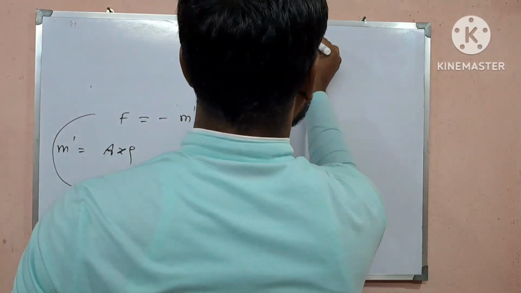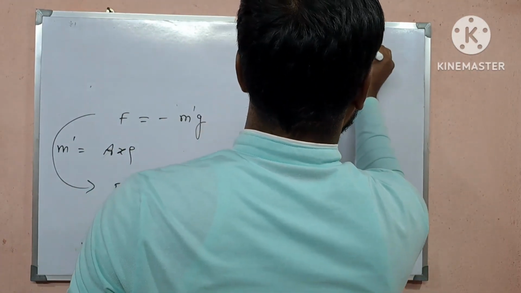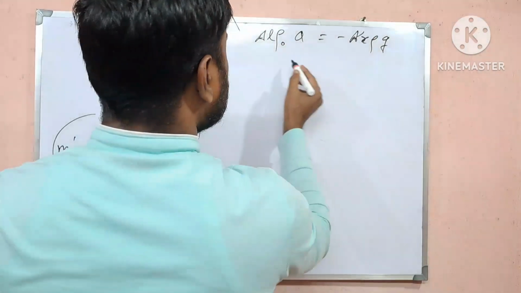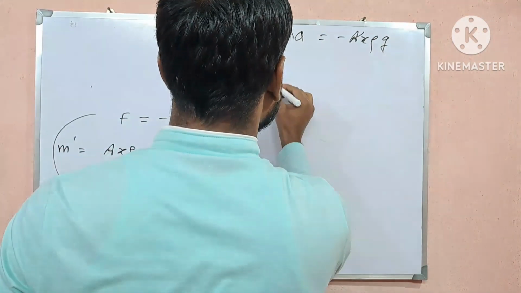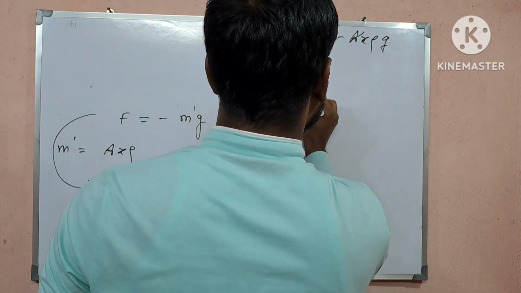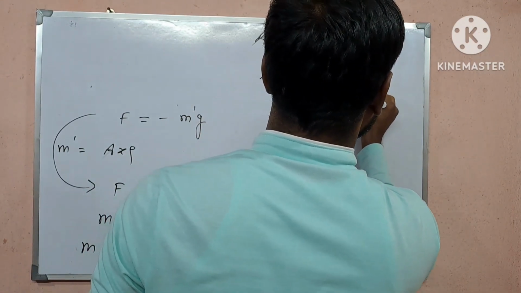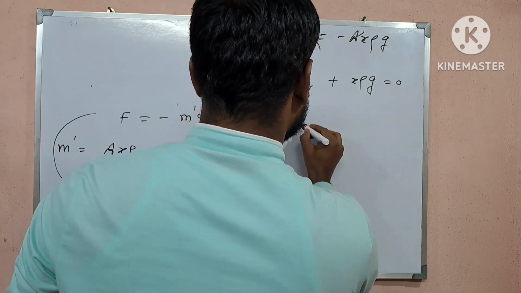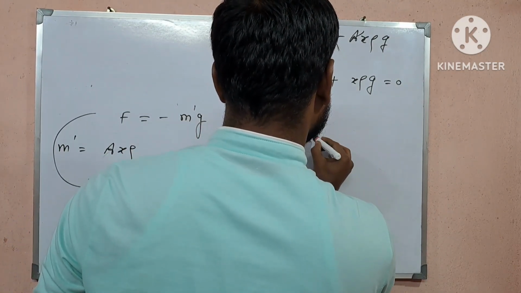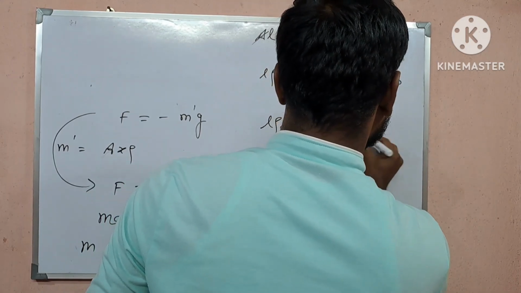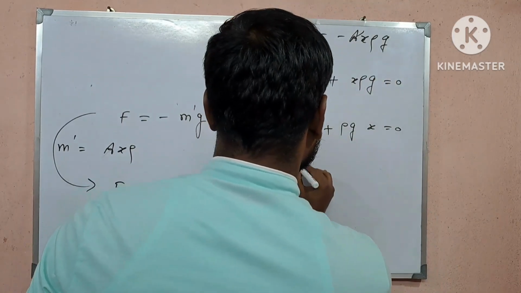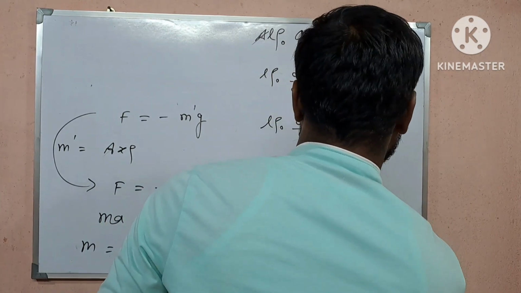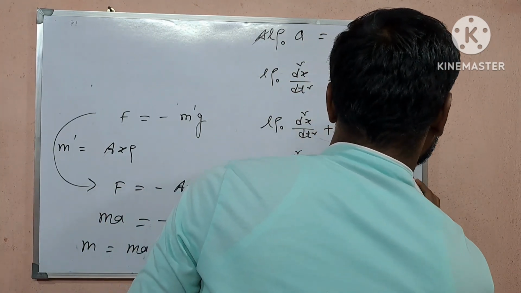So A x rho into acceleration is minus A x rho g. So A will cancel on both sides, and it will be L rho naught d2x/dt2 plus x rho g is equal to 0. Then L rho naught d2x/dt2 plus rho g into x equals 0. So we can write d2x/dt2 plus (rho g by L rho naught) into x equals 0.